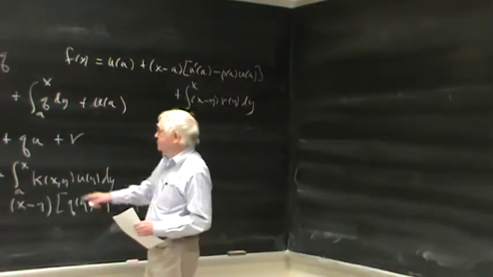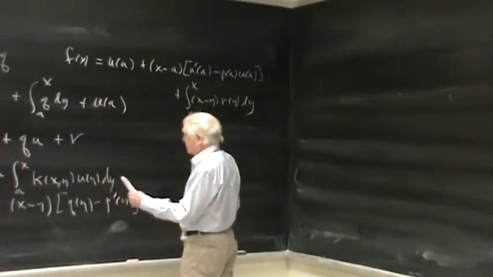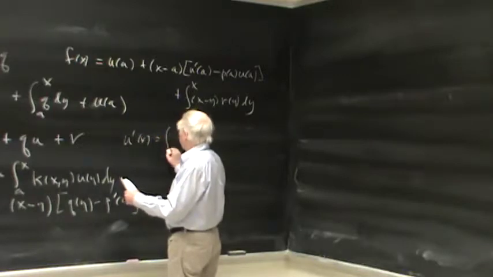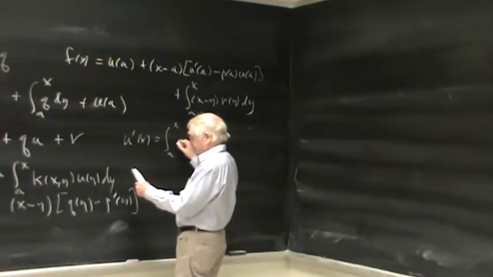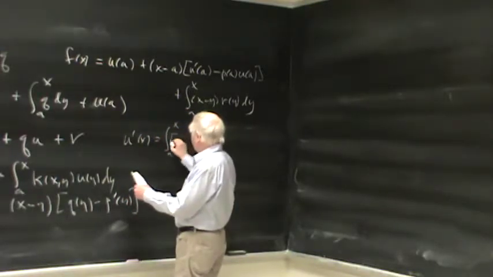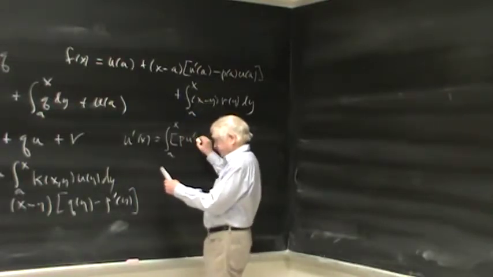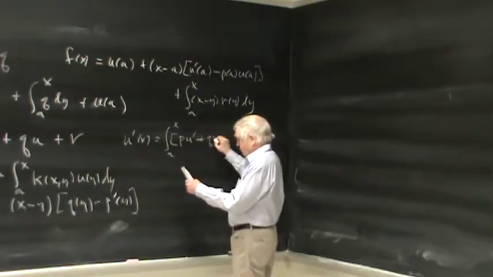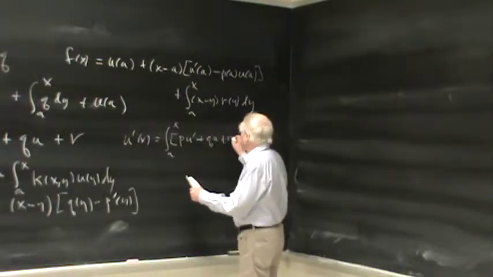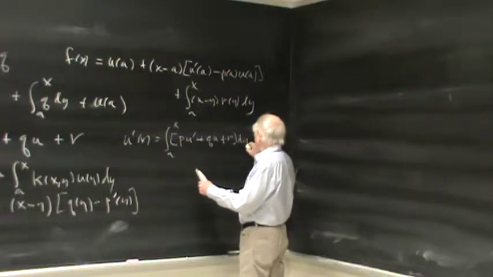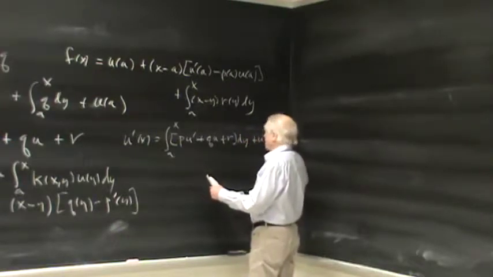Well, the first thing is you take this differential equation and you integrate once, and you get u prime of x is an integral from a to x of p u prime plus q u plus r, all of these as functions of y, dy, plus u prime of a.